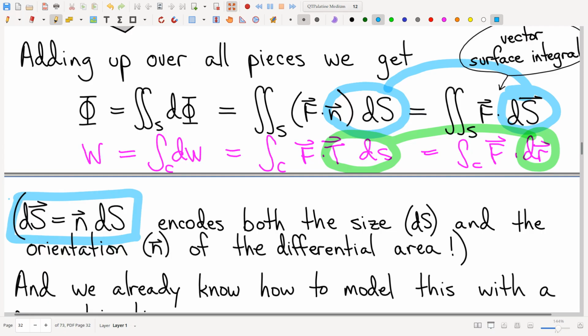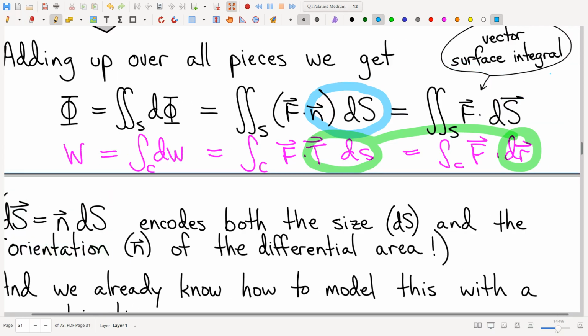By itself it seems a little arbitrary, but morally we had the same arrangement with line integrals back in chapter 6. So it's very analogous, very convenient and natural notation, I think. And this is how I prefer to think of a vector surface integral.